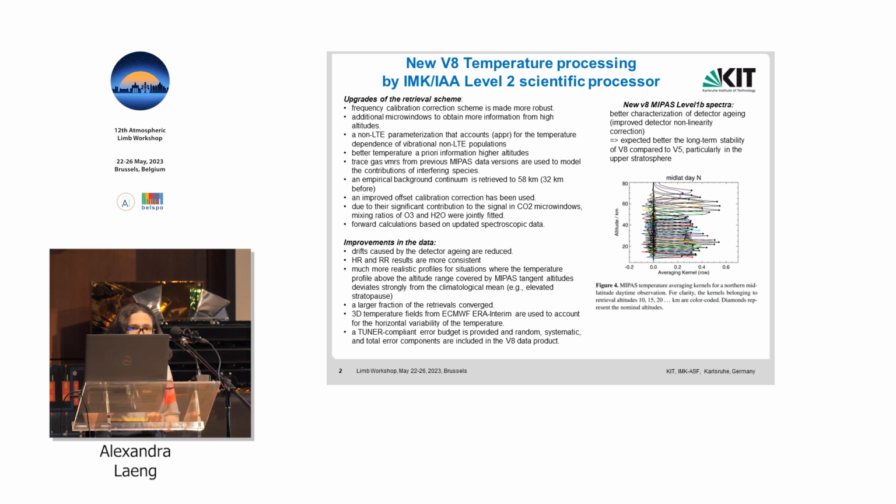Trace gas VMRs from the previous MIPAS data versions are used to model the contributions of interfering species. An empirical background: before it was retrieved only up to 32 kilometers, now it's retrieved up to 58 kilometers.